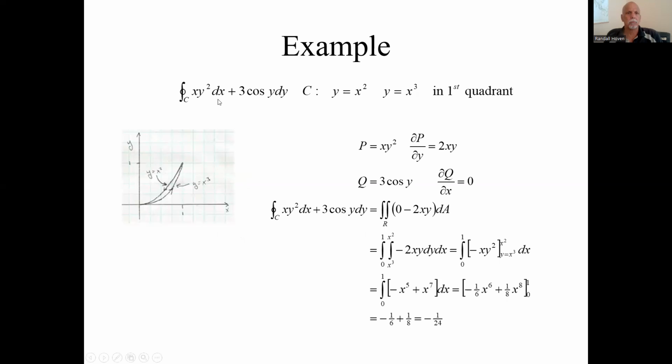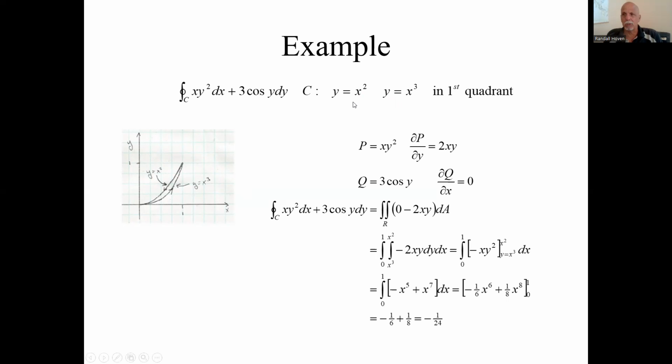One last one. This guy with respect to x, 0. P with respect to y is 2xy. I have two curves. These two curves, well, they form a path.